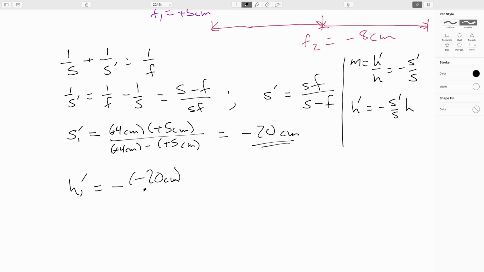Make sure to keep both minus signs. Our s was 4 centimeters. And then we said that our initial height was plus 1 centimeter. So h1 prime is plus 5 centimeters.